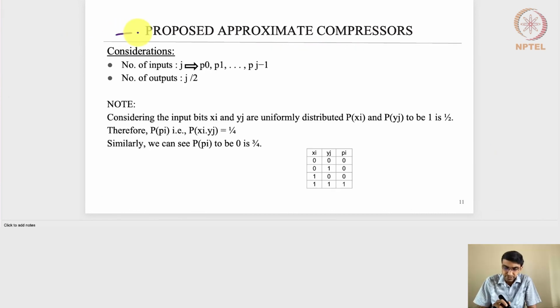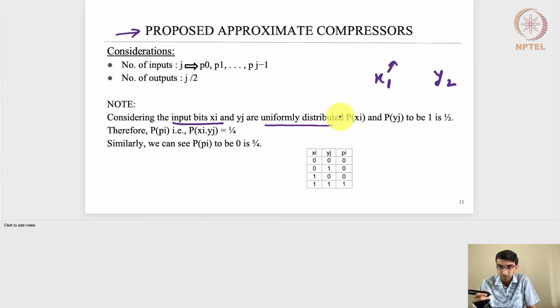Right, so the proposed approximate compressors, what they have proposed in the paper, consider the input bits xi and yj that are uniformly distributed. So if I consider x1 and y2 as individual bits, each has a probability.